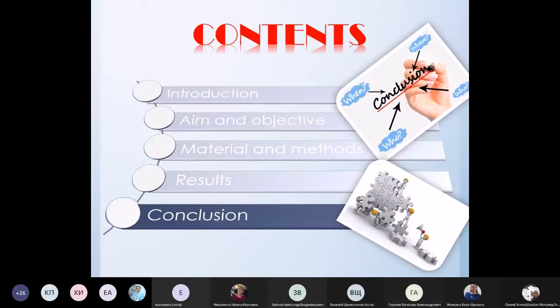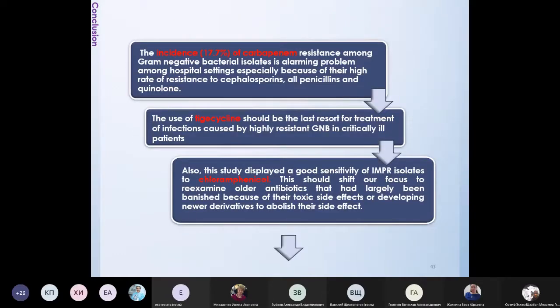What was our conclusion? Our conclusion was that the incidence of carbapenem resistance among gram-negative bacterial isolates is an alarming problem in hospital settings, especially because of their high rate of resistance to cephalosporins, all penicillins and quinolones. The use of tigecycline should be the last resort for treatment of infections caused by highly resistant gram-negative bacteria.